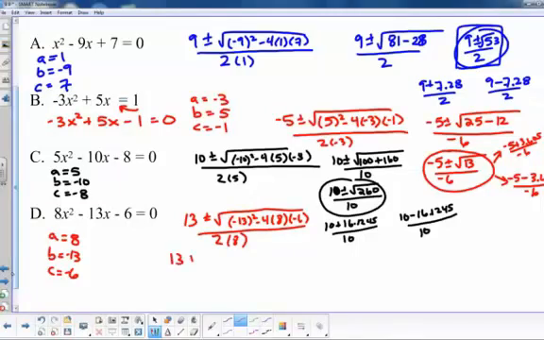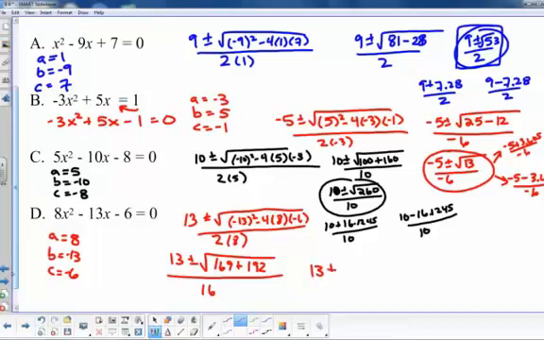So 13 plus or minus square root of 169 minus 4 times 8 times 6 is 192. It's actually a plus because of the two negatives. All over 2 times 8, which is 16. So 169 plus 192 is 361.